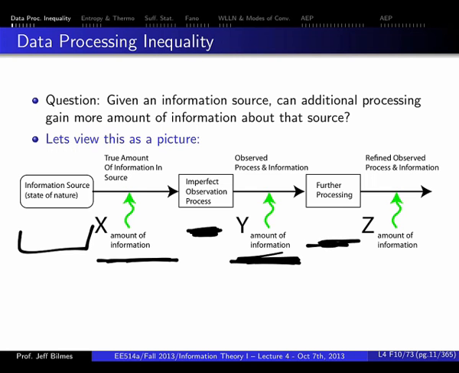And this could be very computationally expensive. It could be solving an NP-complete problem. It could be doing anything you want. But any further processing gives us a new, essentially processed amount of information, z. And the question is, is it possible for z to tell you more about x than y tells you about x?